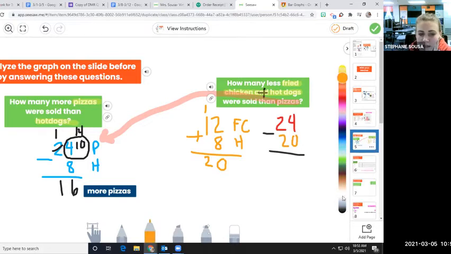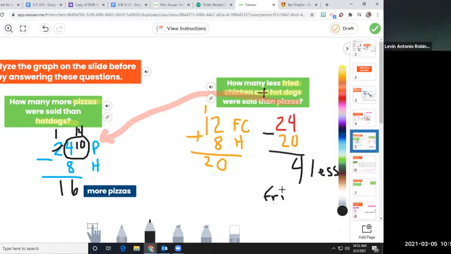4 subtract 0 is 4. 20 subtract 20 is 0. So we have 4 less. The question is about fried chicken and hot dogs, so the label needs to be about fried chicken and hot dogs. I have to go back to the table.